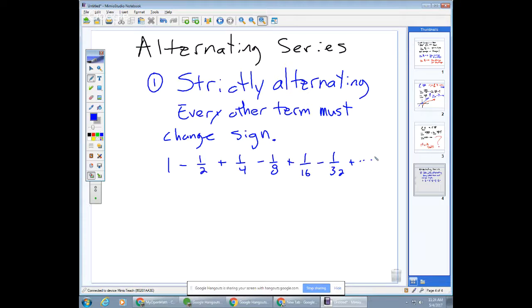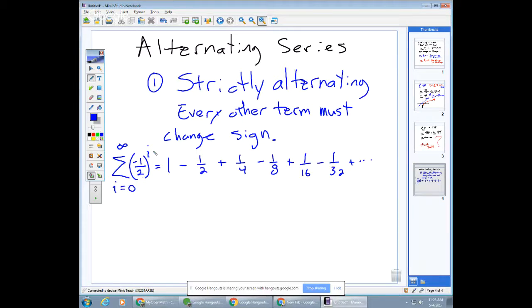If I wrote that in summation notation, I might say this is the sum as i goes from, I'll start with 0 here, to infinity, because I have the dots on the edge there, of (-1/2) to the power i.